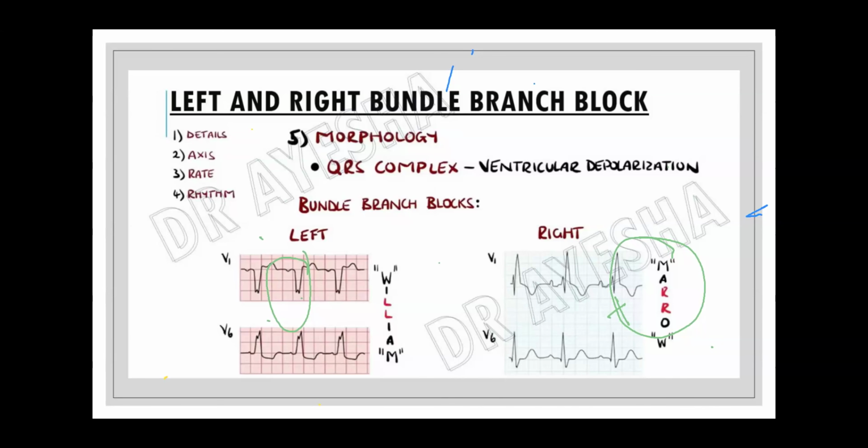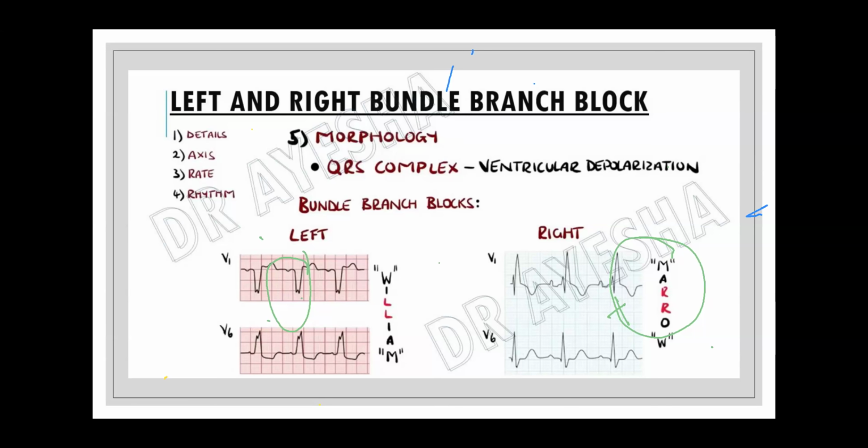Okay. So for the bundle branch block, you have to look V1, V2 और V6. ठीक है, आपको एक V6 देखनी है आखिरी और V1 या V2 देखनी है. ठीक है, आपने ये देखना है. और विलियम के बीच में दो L आ रहे हैं. विलियम, विल, L.